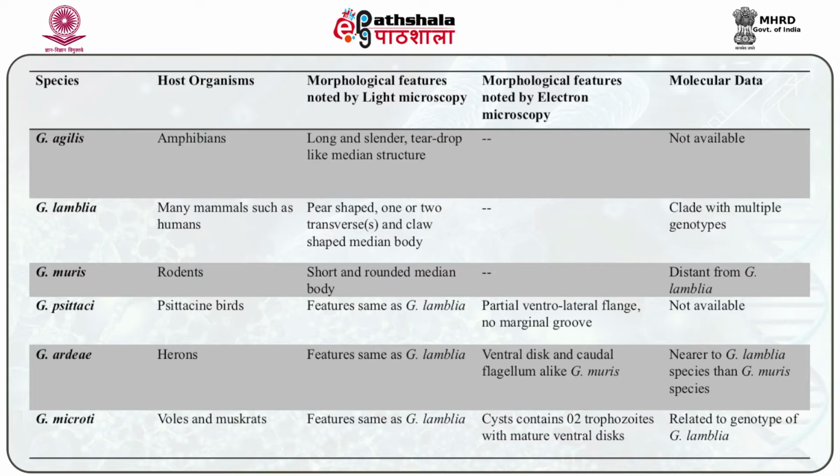It contains multiple genotypes. Giardia muris has a short and rounded median body. Molecularly, it is distinct from Giardia lamblia. Giardia psittaci, ardeae and microti have the same features as Giardia lamblia. Giardia ardeae and microti are related to the genotype of Giardia lamblia.